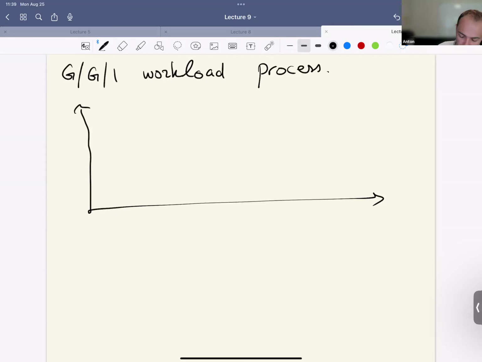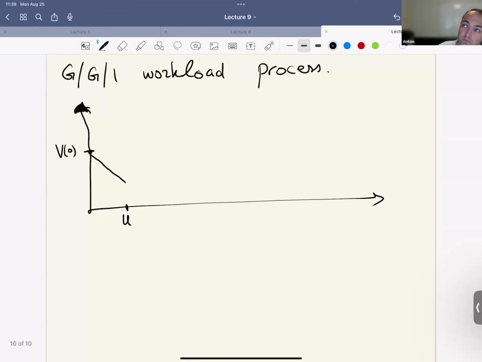We can talk about anything about the GG1, but I want to start with workload because it has a fairly simple representation. Okay. So suppose I start off with some initial level of work. In the GG1 system, the workload will decrease at a unit rate. So we're assuming that if there's work in the system, the server is working. And the workload will decrease at a unit rate until the first arrival happens.